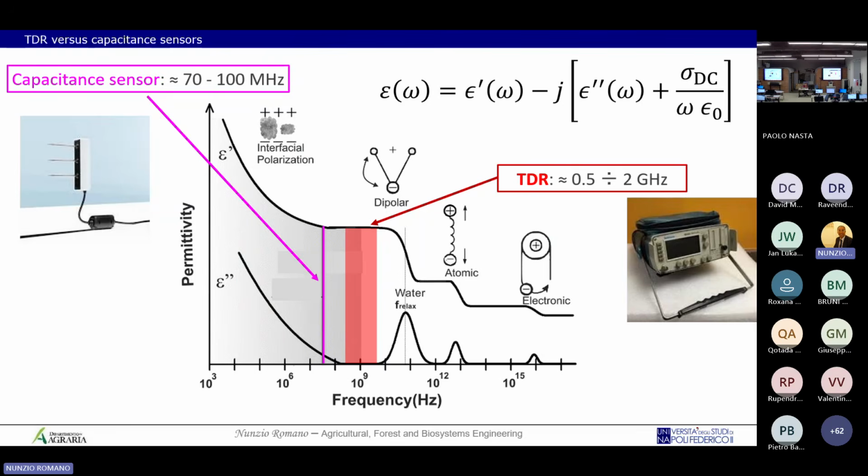That we really are measuring a sort of unique value of the electric permittivity.